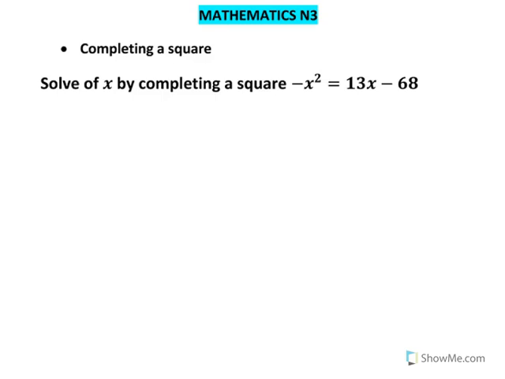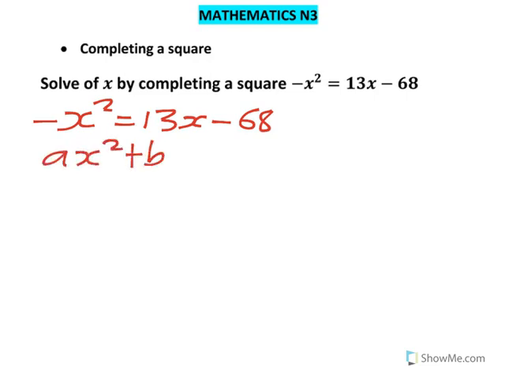A similar method again, if I can show you this one, it says solve for x by completing a square. They gave us minus x squared is equal to 13x minus 68. Again, remember, to complete a square, it must be ax squared plus bx plus c equal to 0. So you write it as it is, minus x squared, take 13 to the other side, it is minus 13x.